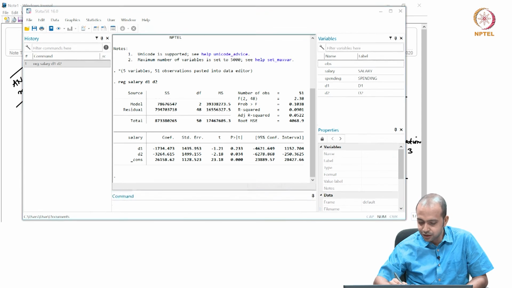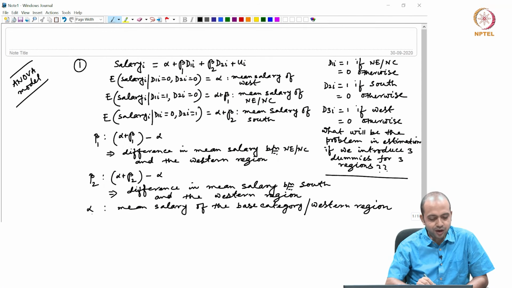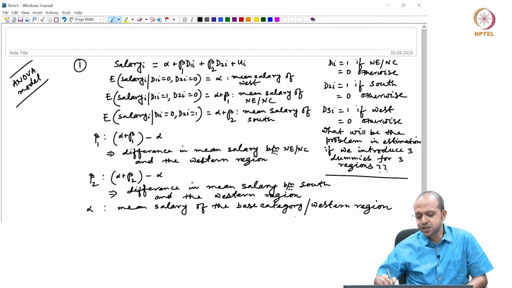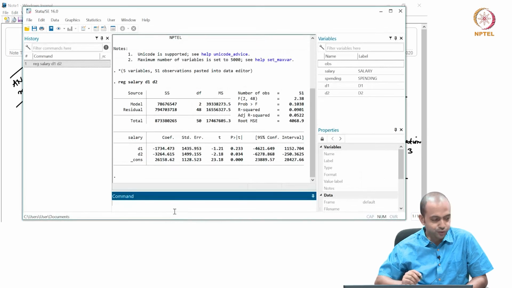Alpha basically means the mean salary of the base category, the mean salary of the primary school teachers from the western region. So, you should immediately understand that this particular value, 26,150, is the mean salary of the primary school teachers from the western region.